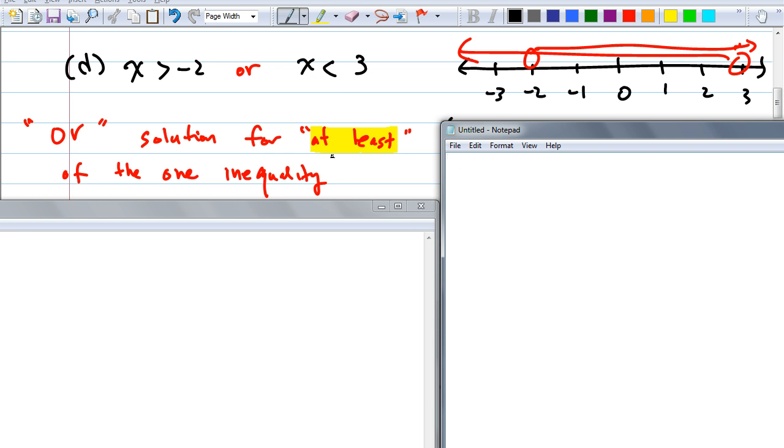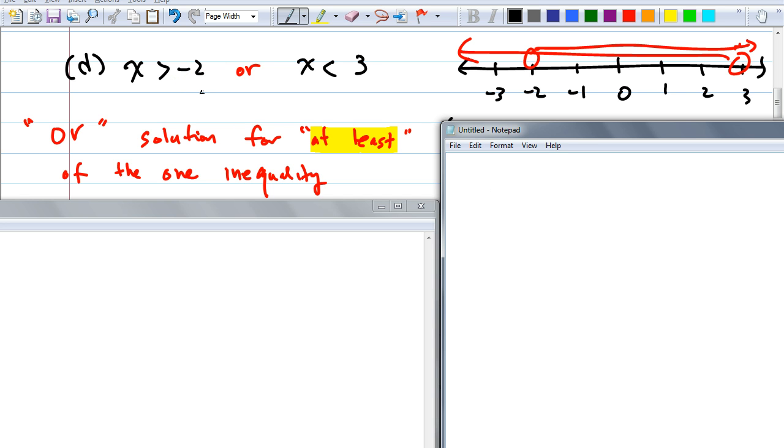What about 3, Matthew? Would 3 be our solution? Yeah. You're right. So it has to be a solution for at least one of the inequalities, right? Which one is 3 a solution for? Yeah, x greater than -2. Doesn't that include it? Even though it's not a solution for x less than 3, it is a solution for x greater than -2.